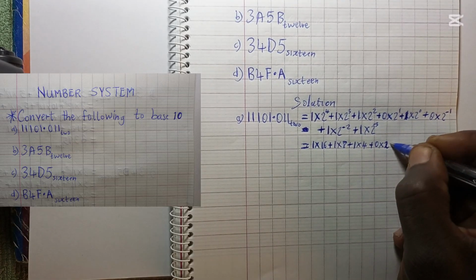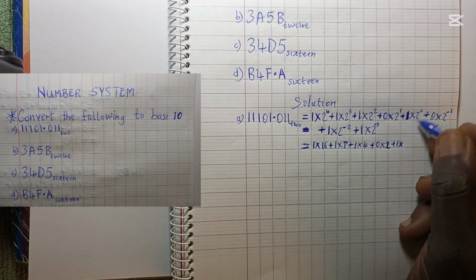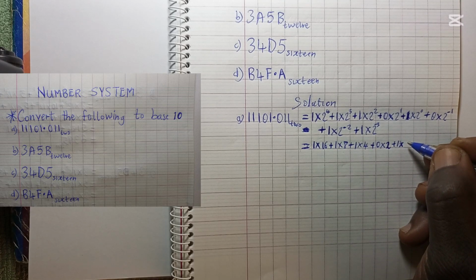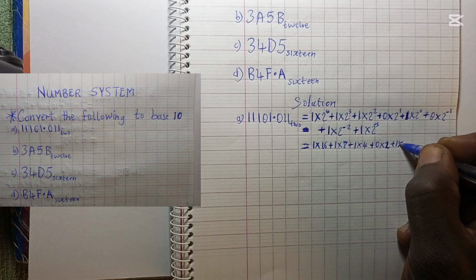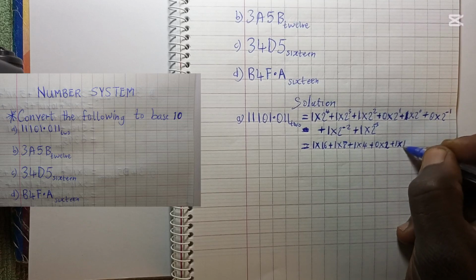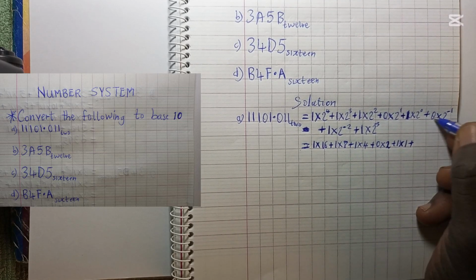Then plus 1 times 2 raised to power 0, which is 1. Any number raised to power 0 is 1 except 0, because 0 raised to power 0 will give us math error. So every other number raised to power 0 is 1. Then plus this value 0.